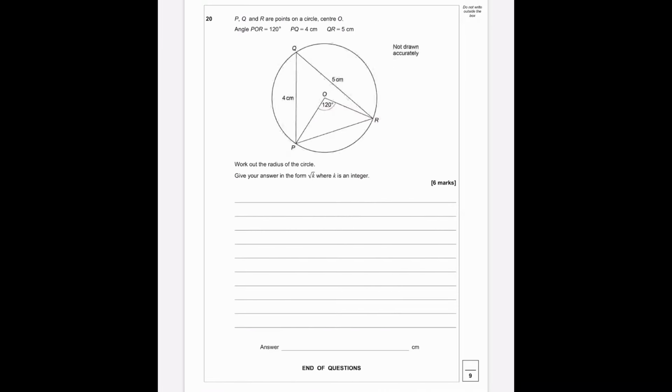Question 20. I'm actually going to use the cosine rule twice on this one, on the two separate triangles. The first cosine rule I'm going to use is going to be on the triangle PQR. I know that angle PQR is 60, it's half the angle at the centre, using the circle theorem.